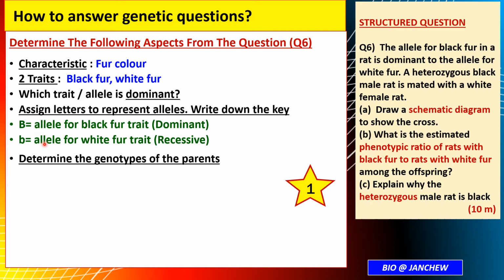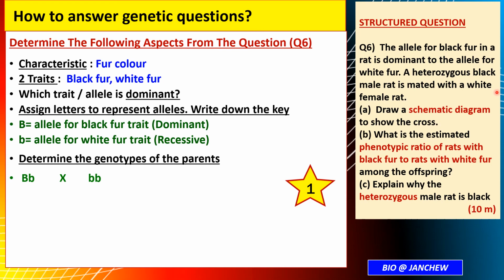The rat will have a pair of alleles in each of its diploid cells. So what is the genotype, or the genetic content, of the male rat? Yes, it is big B, small b.